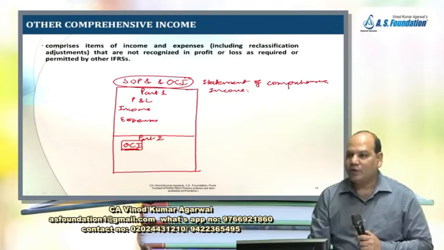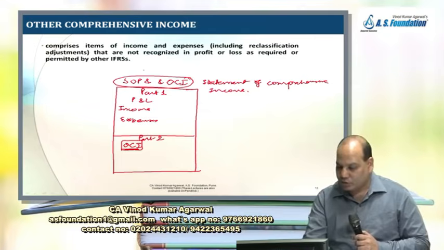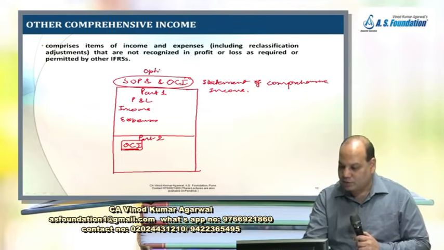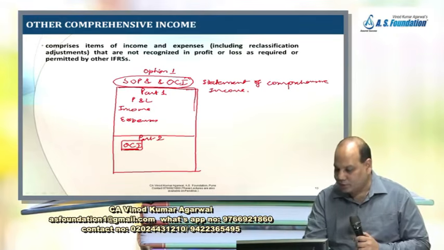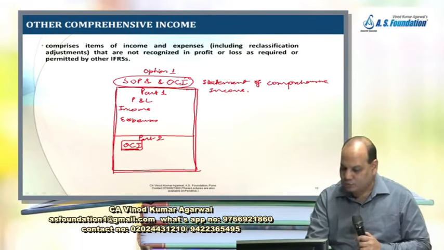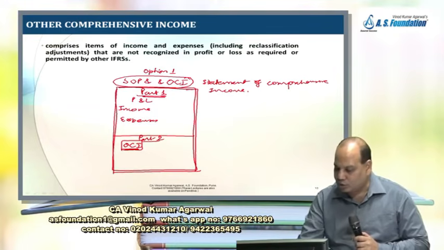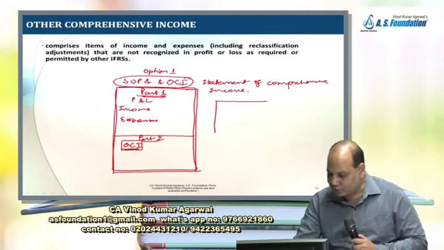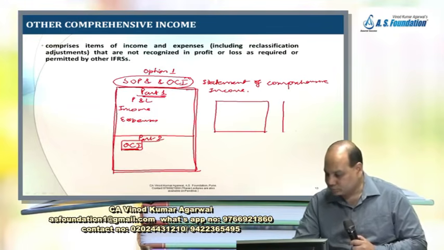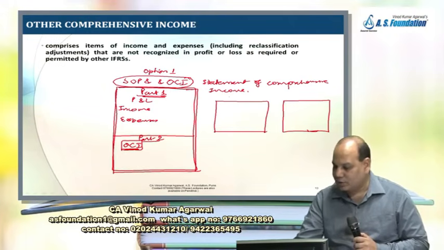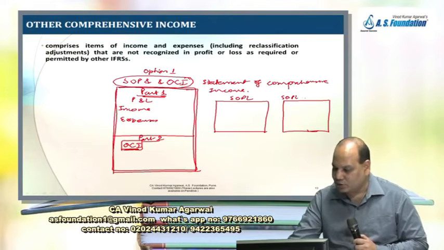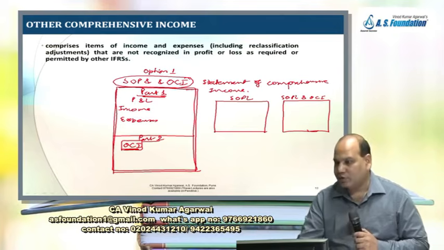In IFRS, there is a very important difference between Ind AS and IFRS. This is one way of presenting your comprehensive income, where in the same statement you will have two parts, or you can give separate statements. One statement which they will call SOPL, and one statement which they will call SOPL and other comprehensive income.